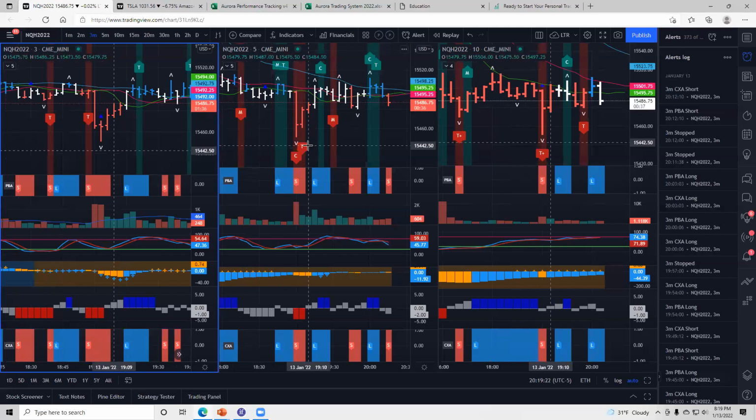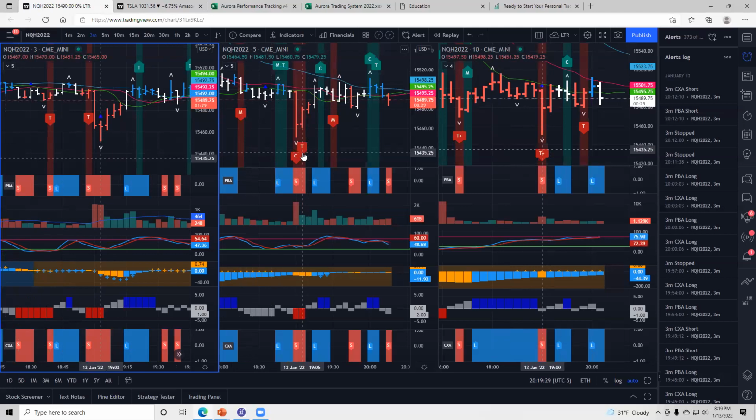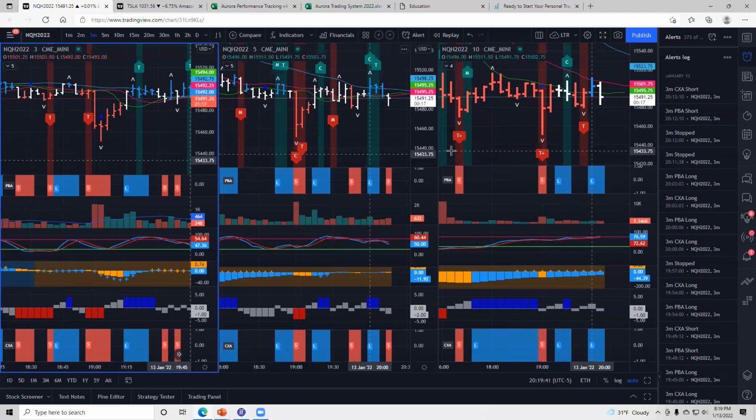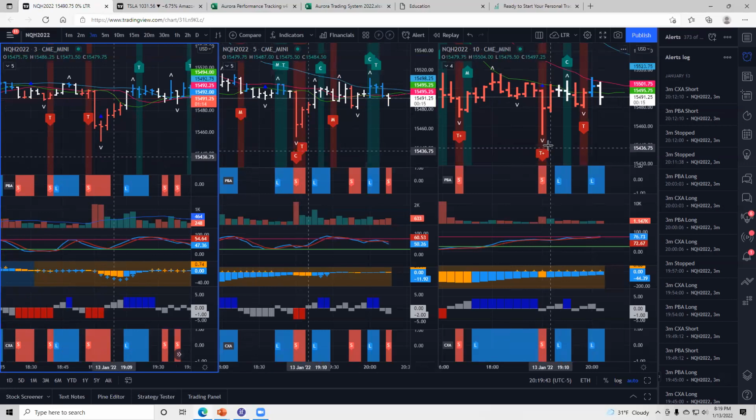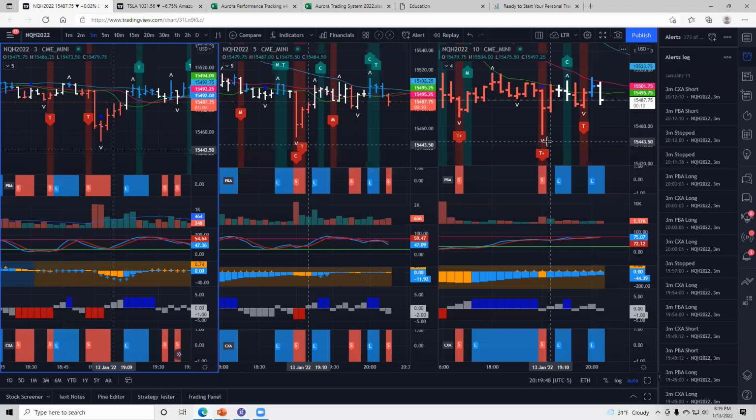And then when the 1905 bar closed and the 1910 bar opened, I could have moved the stop to 81.50. That adjustment would have taken place on the 1910 bar, but on the 1910 bar, we had a PBA stopped signal, and so we were out at the open of the 1910 bar.